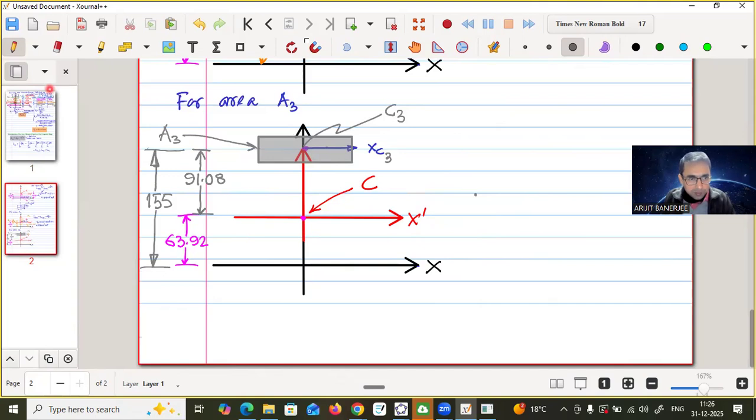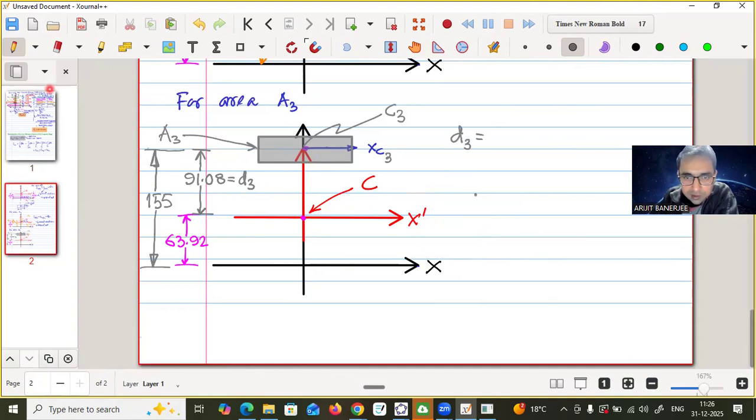The total is 155 and this is 63.92. So you can subtract and determine. This is D3. D3 is the distance between C3 and C along the y direction. Clear? So basically this is D3.